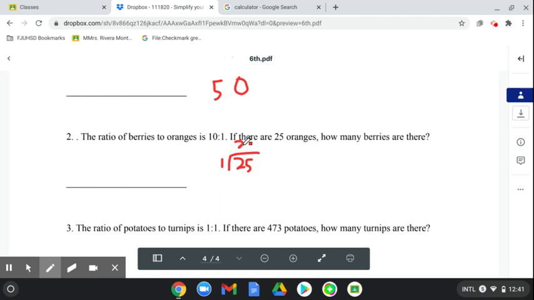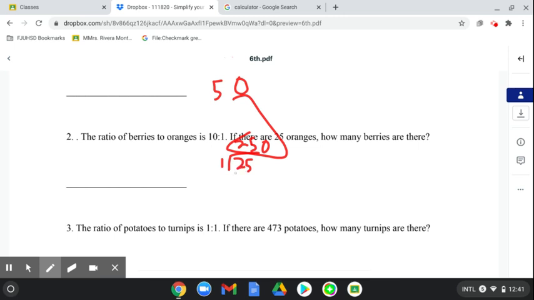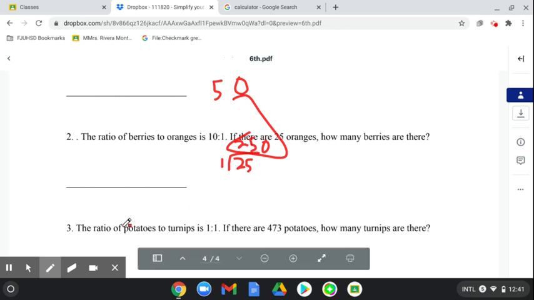And then you multiply 25 by 10, which is just adding a 0 on it. So there are 250 berries for every 25 oranges because 250 to 25 has the same ratio as 10 to 1. Because if you divide 250 and 25 both by 25, you get 10 to 1.